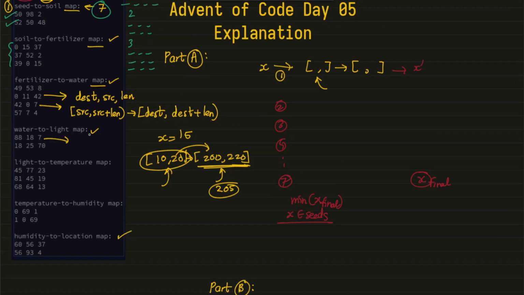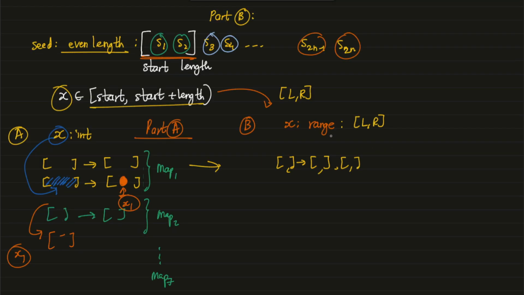So this is what is given in the input. This sequence is given to us. Now let's say for some particular mapping, this is for map 1, this is given to us. Now x, since x is a range, it can match with multiple of these ranges. This is the first idea. It can match with this or this.